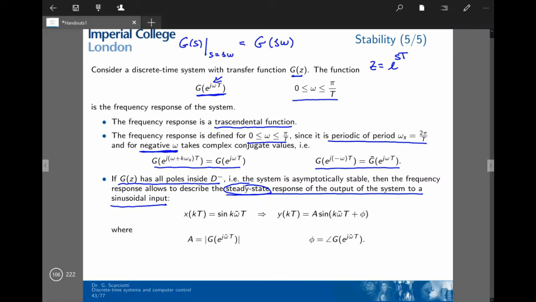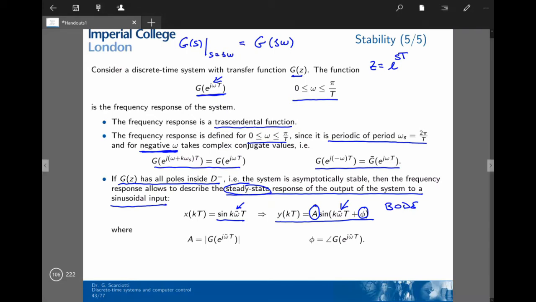If the input of the system is a sinusoid, then the output of the system will be a sinusoid, and the important bit is that they have the same frequency. This means that the only difference is the absolute value and the phase, and this is exactly what we sketch on the Bode plot. We plot basically the absolute value and the phase of our frequency response.